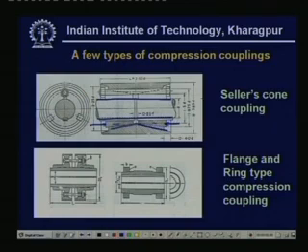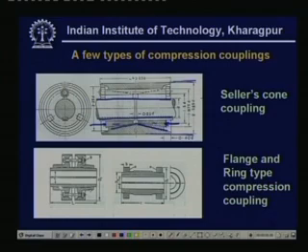This radius, that is the innermost radius of the cone, will be equal to about 1.5 times d, whereas the outermost radius of this wedge is about 1.8875 times d, and the final, that is the outermost radius, is 2.585 times d. So, this is one such coupling which is known as Seller's cone coupling.